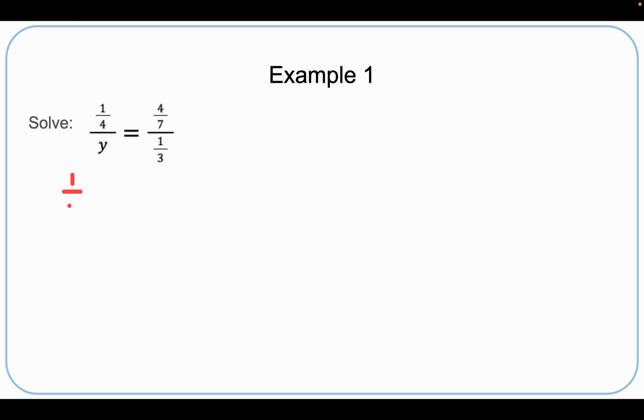So 1/4 times, or 1/3, equals 4/7 times y. Okay, and then we can simplify on both sides of our equation. So this is going to be 1/12 equals 4/7 y.